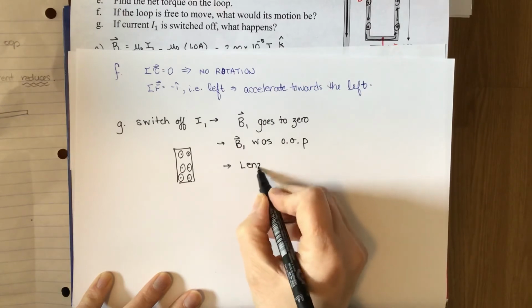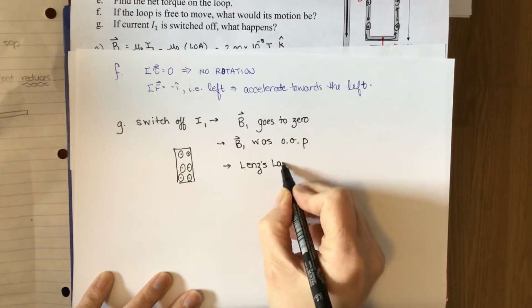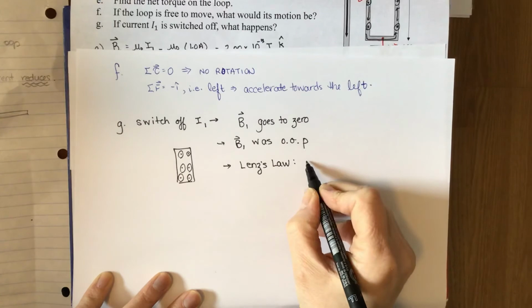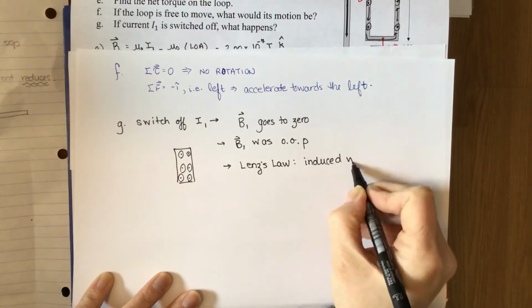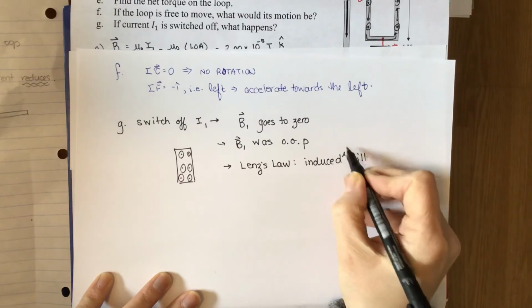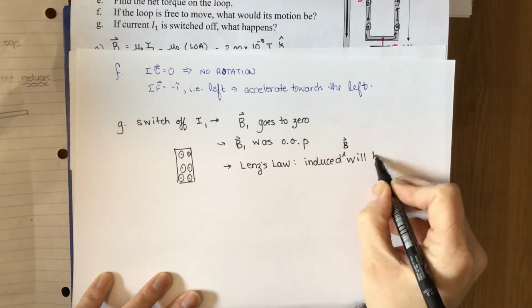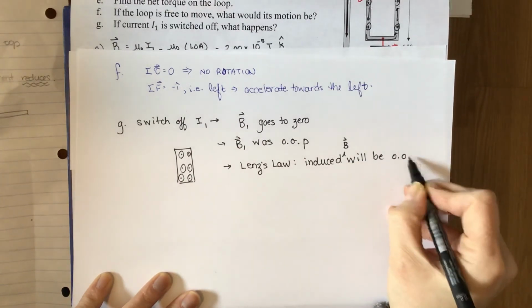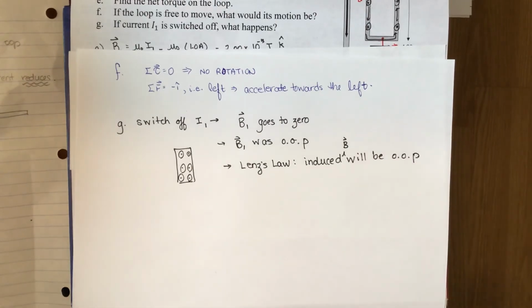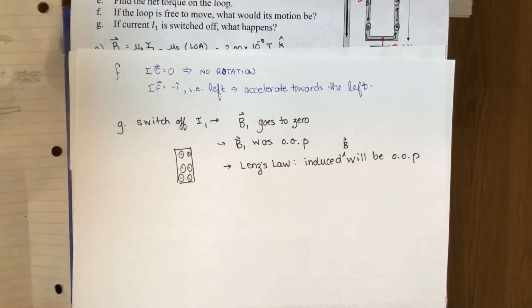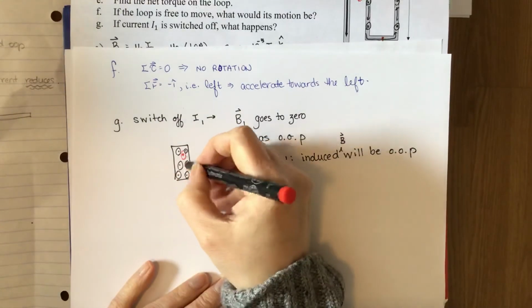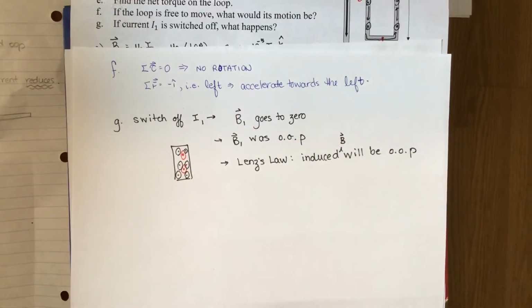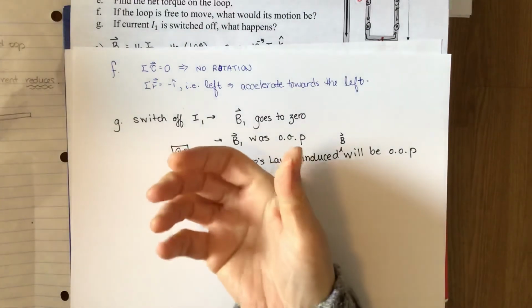So if we apply the idea of Lenz's law, a new field, the induced field, will be out of page. The induced field is out of the page because this field went to 0. So our induced field will be out of the page to try and maintain that out of page field.